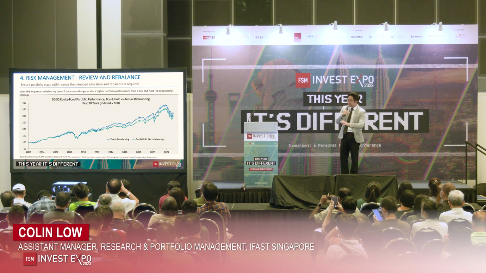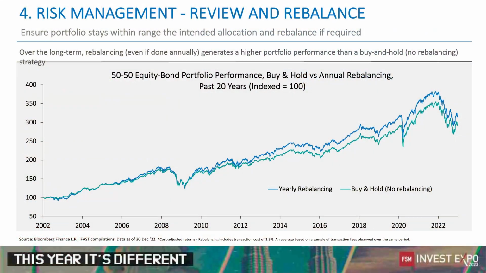You can clearly see from the chart that over the long term, the portfolio that is rebalanced annually managed to deliver approximately 23% higher returns, even after accounting for transaction costs, which we estimate to be roughly 1.5% per rebalancing. Furthermore, the annually rebalanced portfolio also demonstrated smaller drawdowns during most periods as compared to the one that is not rebalanced at all.